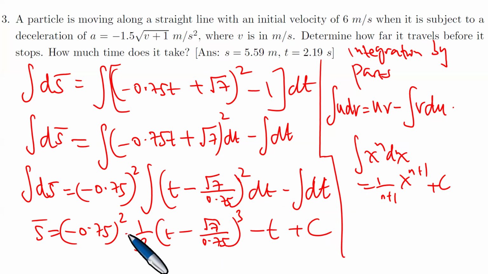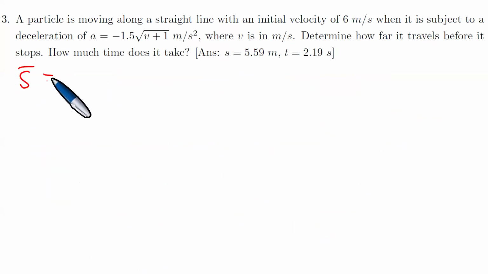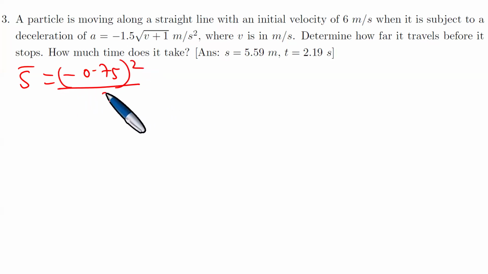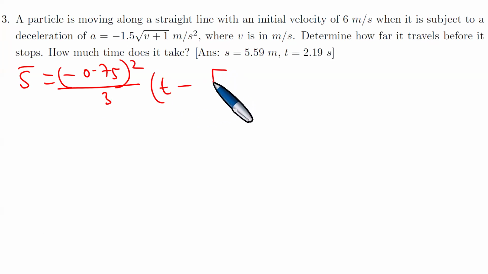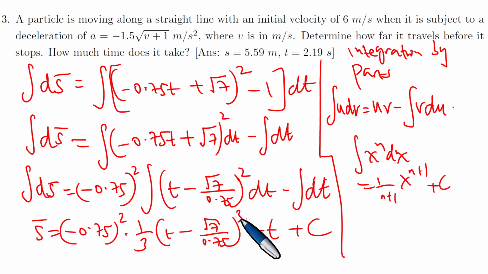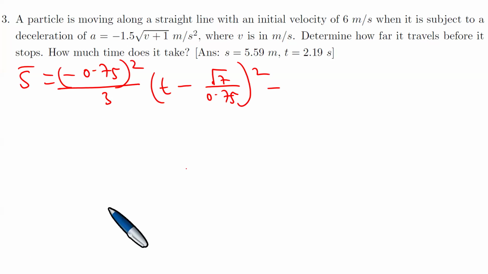All right, so we've got the following: vector s is minus 0.75 all squared out of 3, t minus the square root of 7, 0.75, you square it, you minus t plus c.